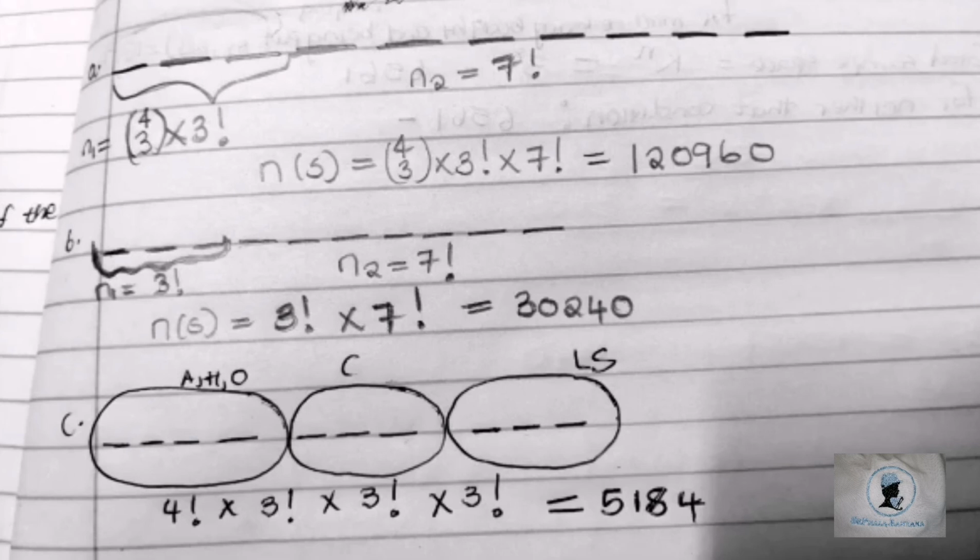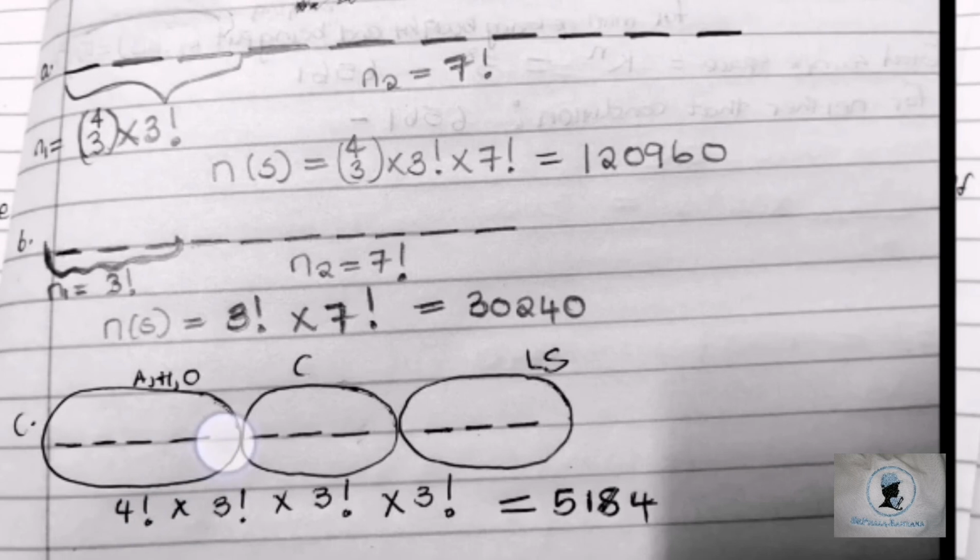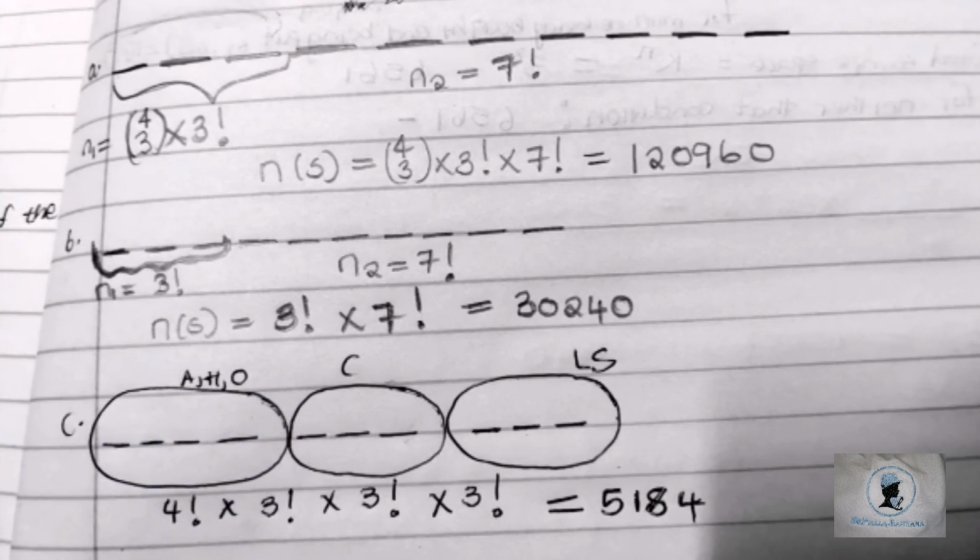So here we will have 4 factorial for the fridges that have audible, high-pitched and oscillating problems. We know that we have 4 refrigerators that have audible, high-pitched and whatever problems. So we have that 4 factorial to take care of that. And then for the compressor refrigerators, we have 3 that have that problem.